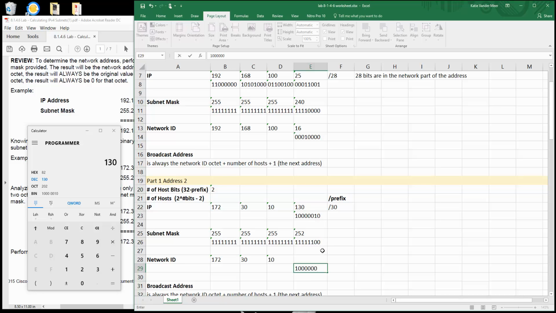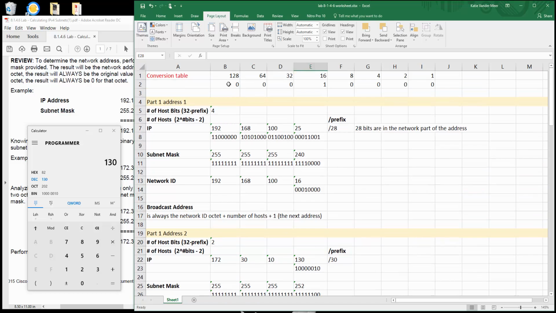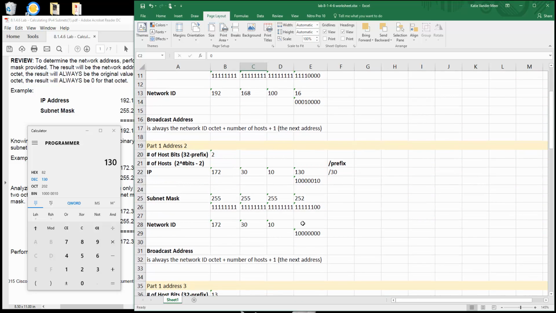And we got 0 to 0, still a 0. So what's this equivalent? Go up to the conversion table, putting a 1 right in this spot. And guess what? It's 128. So the network ID here is 172.30.10.128.